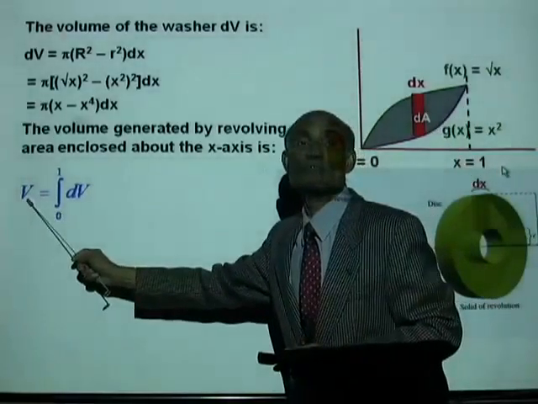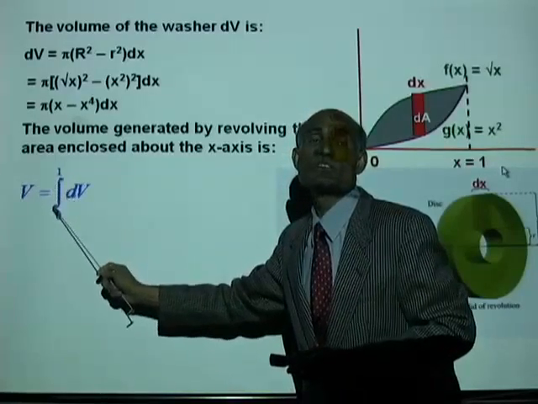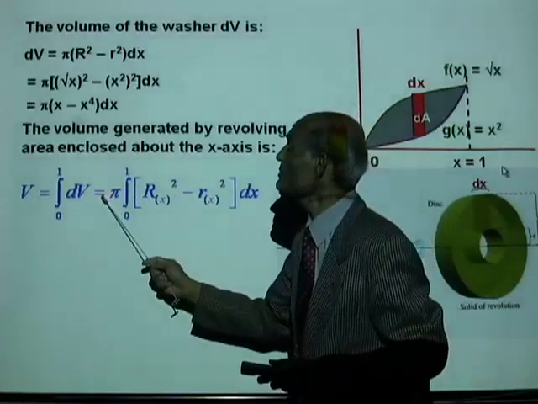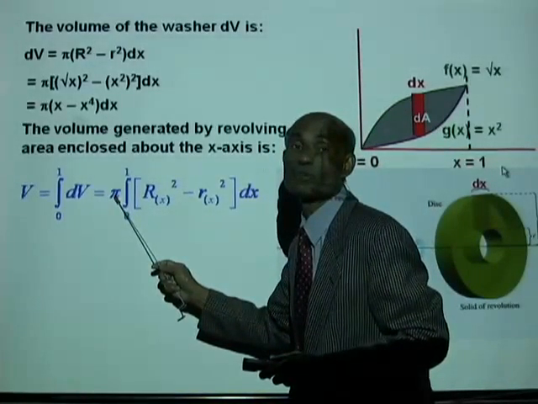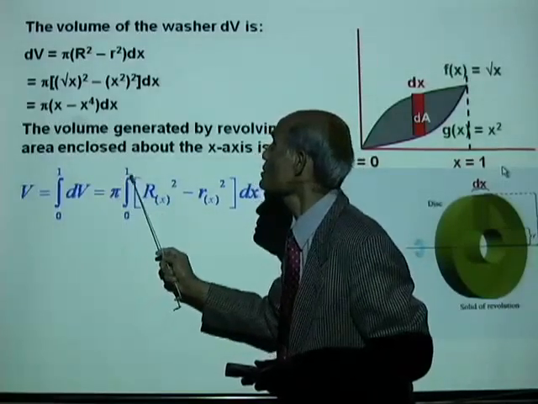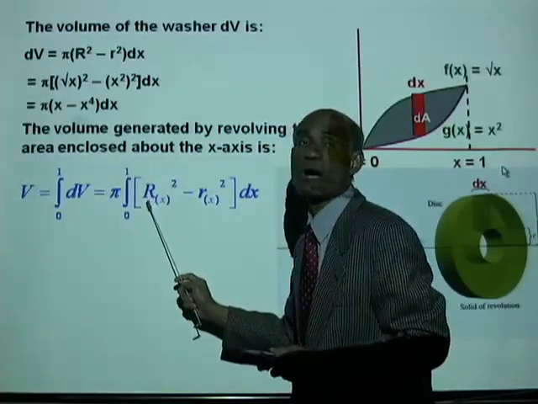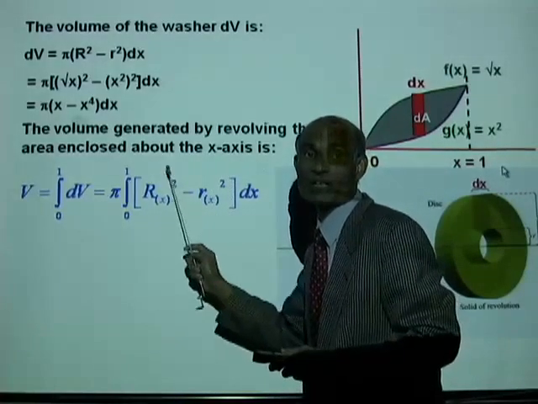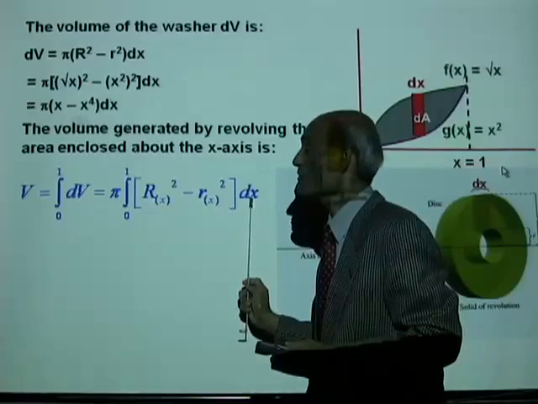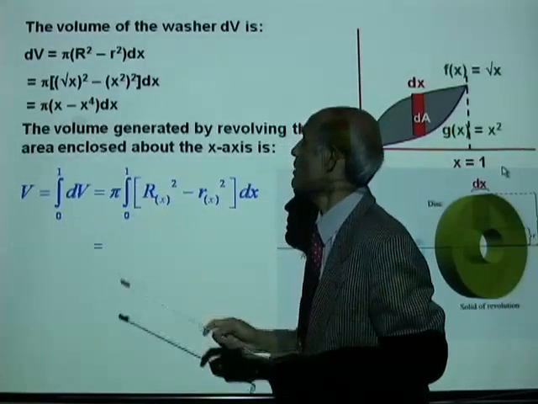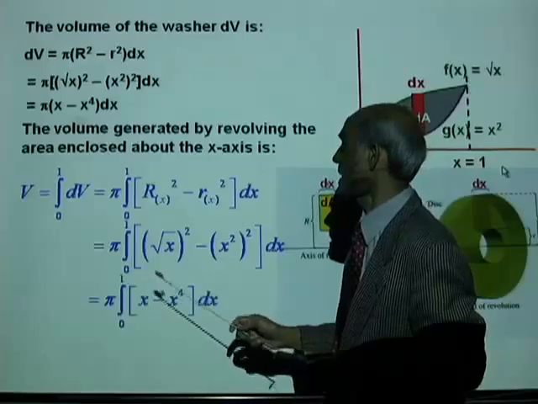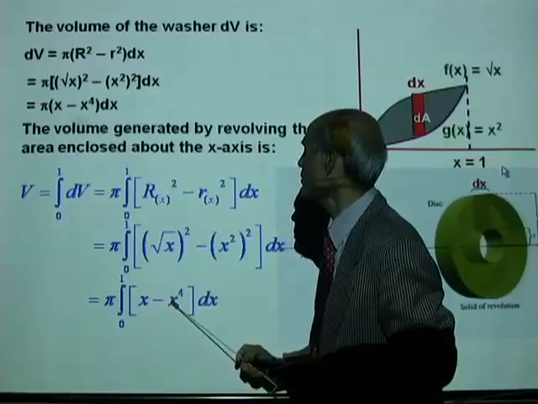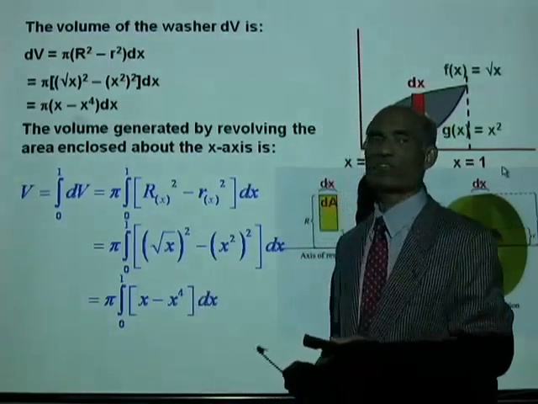So we get V, the total volume, is integral 0 to 1 of dV, which is pi times, you can see that pi is a constant, pi times integral 0 to 1 big R squared minus small r squared, that quantity, times dx. And of course, that is this quantity. That will be pi times integral 0 to 1 x minus x to the power 4 dx.